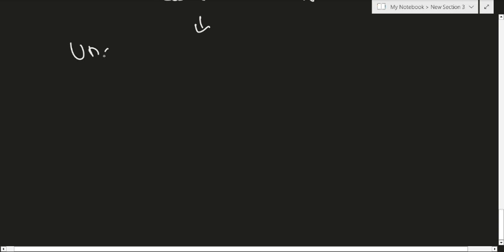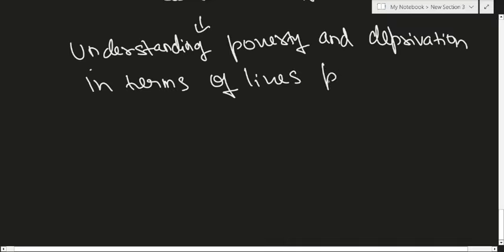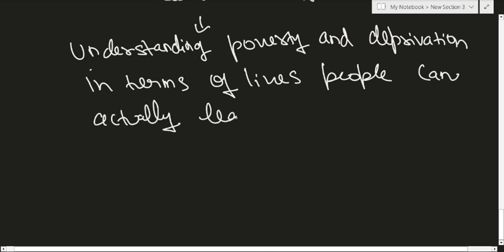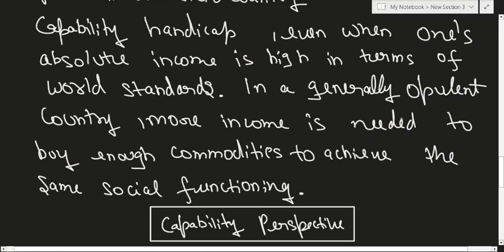Now we understand poverty and deprivation in terms of the lives people can actually lead, in the freedoms they actually have. So this is the flow of ideas in poverty as a capability deprivation.